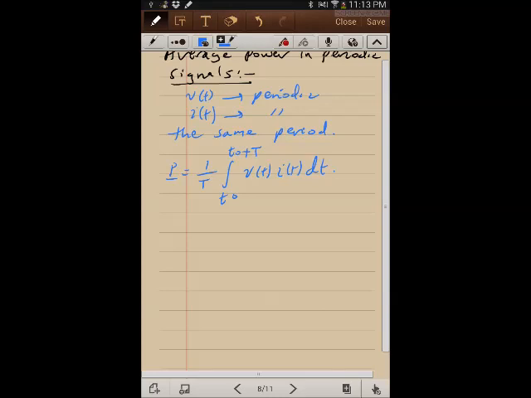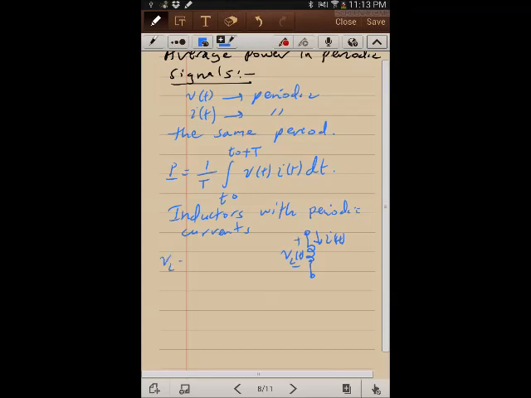So in inductors, for example, with periodic currents, let's say this is the inductor. The current going through this inductor is periodic, and the voltage across the inductor as a function of time is VL(t).